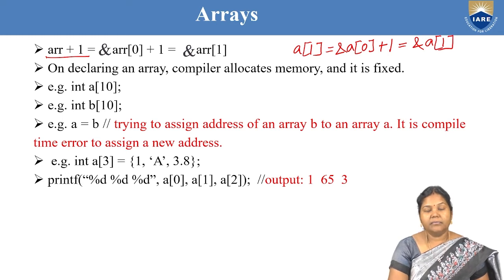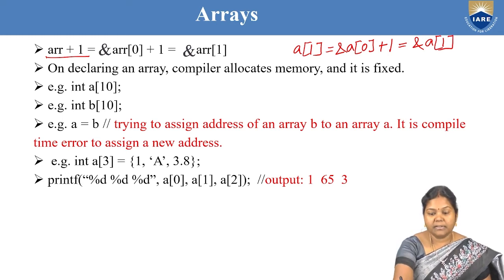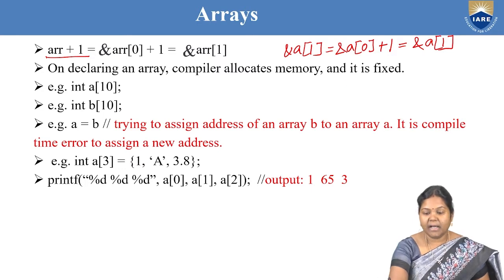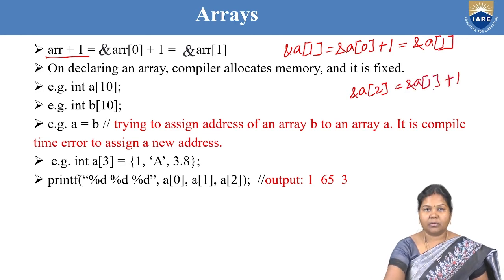To find the address of this element, take the address of the previous element plus the size of one cell, which is 4 bytes, the size of an integer. If it is a character array, then the size of each character is 1 byte. Suppose I want to find the address of a of 2, which is the address of a of 1 plus 1 slot, or 1 location, you have to proceed.